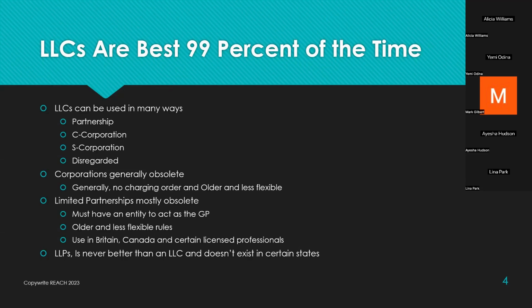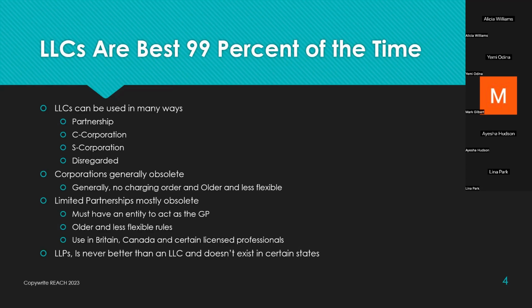So a limited liability company, we can use it in a lot of ways. We can use it as a partnership. We can use it as a C Corp, an S Corp, or we can use it as a disregarded entity, right? It's how we choose to have it taxed. But we can also choose not to say we want to be taxed under certain rules.